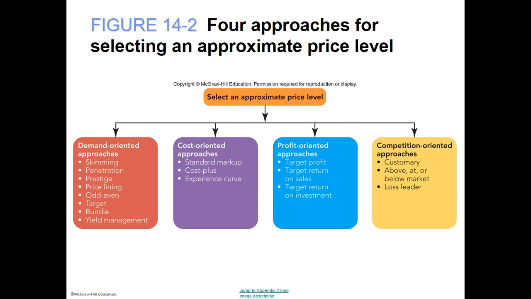Approach 2 is cost-oriented approaches, using standard markup price, cost-plus price, or experience curve pricing. Approach 3 is profit-oriented approaches: target profit, target return on sales, or target return on investment. And the 4th approach is competition-oriented approach, using customary pricing, above, at, or below market price, or loss leader pricing. Let's talk about each and every one of them.